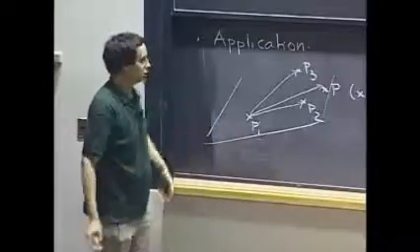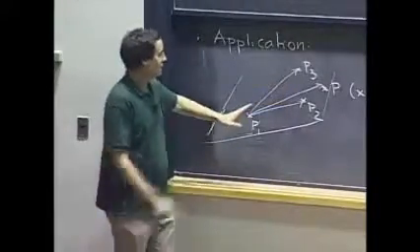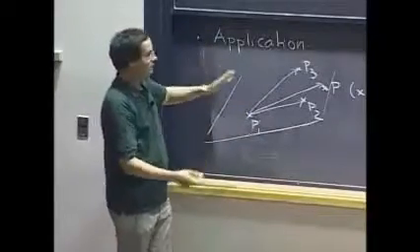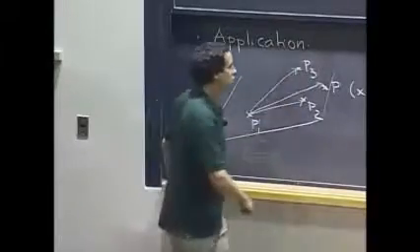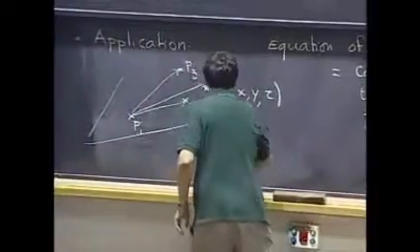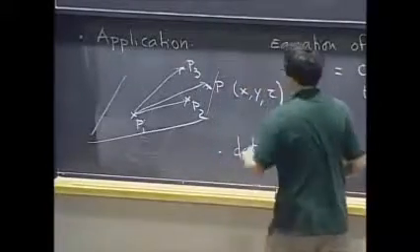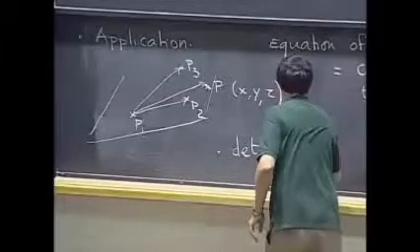If I try to form a parallelepiped with these 3 sides, if P is not in the plane, then it will have some volume. But if P is in the plane, that means it's completely squished. So one way to think of the equation of a plane is that the determinant of these vectors should be 0.